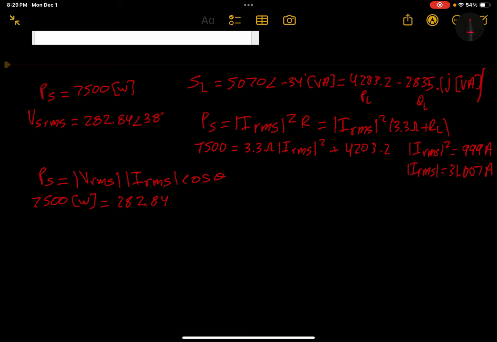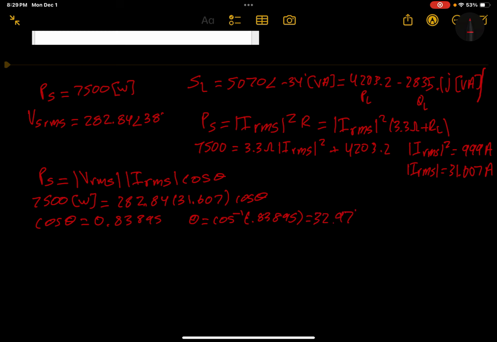And then we already solved for IRMS, that was 31.607, and then cosine theta. So solving for cosine theta, we get that it is equal to 0.83895. And then to solve for the angle, we take the cosine inverse of that. And we find that the angle is 32.97 degrees.